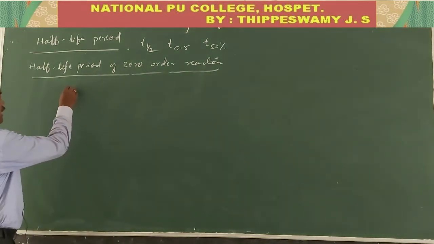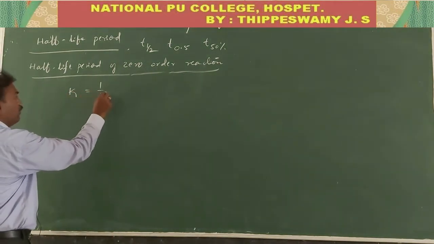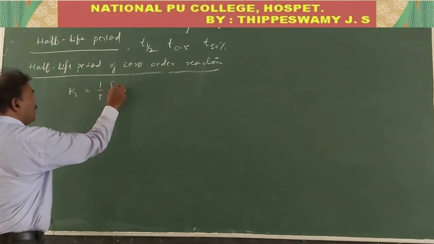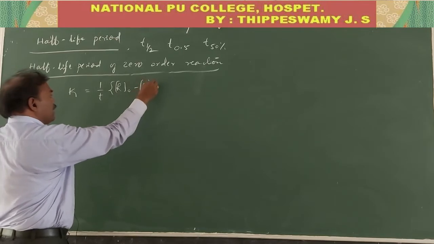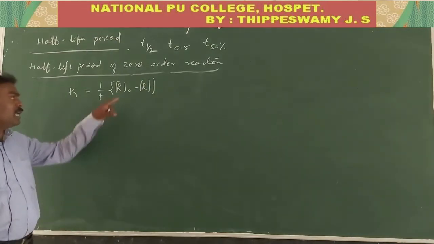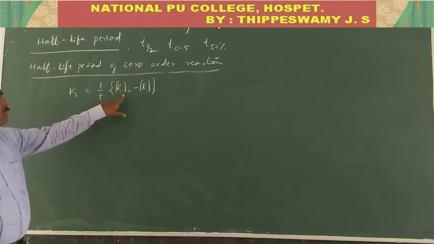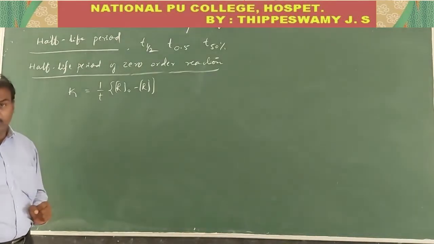What is it? K is equal to 1 by t into R naught minus R, where R naught is the molar concentration of the reactant initially and R is the molar concentration of the reactant after the time interval t. This is the relation given by the integrated rate equation for the zero order reaction. Following all of you.